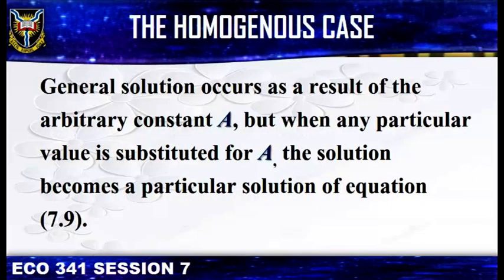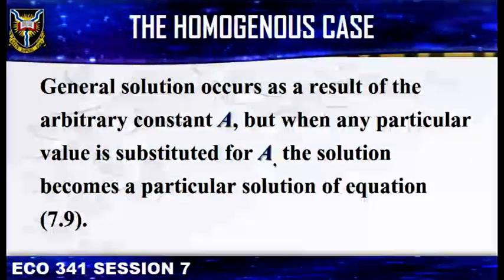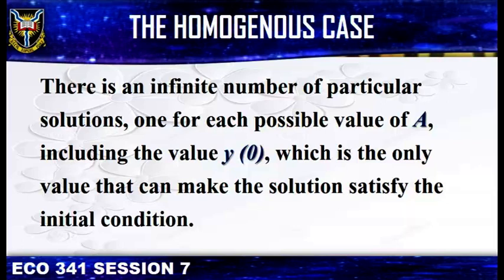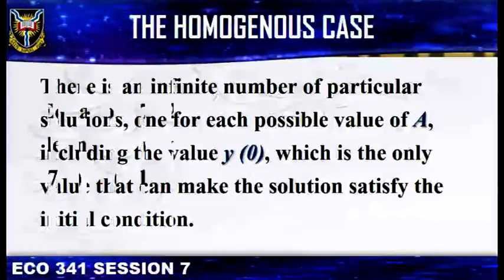The general solution occurs as a result of the arbitrary constant A, but when any particular value is substituted for A, the solution becomes a particular solution of equation 7.9. There is an infinite number of particular solutions, one for each possible value of A, including the value y(0), which is the only value that can make the solution satisfy the initial condition.